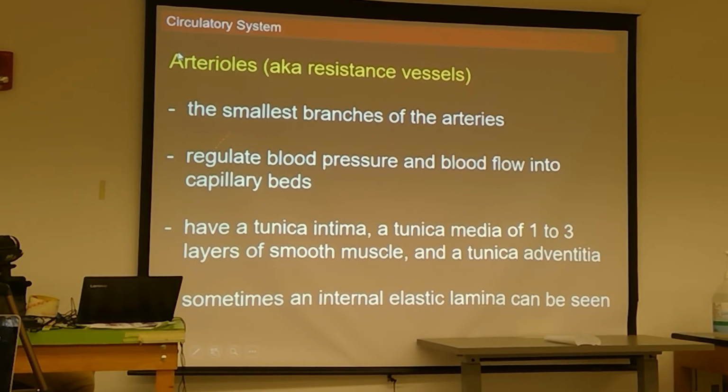These are going to be the big structures that regulate the blood pressure and the blood flow into the capillary beds, right? So with that, your arteries start off with very, very high pressure, and then as it gets smaller and smaller, the blood pressure is going to decrease so that the capillaries aren't, in a sense, exploded, right, because of such high pressure.